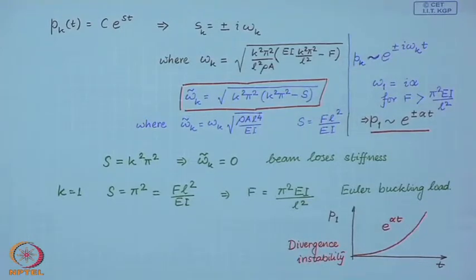Now, this can be used to estimate the buckling load of a column without destroying the column. If you want to estimate the buckling load of a certain column, and you give this axial load and keep increasing it, when it reaches the buckling load, this column is going to have large deflections, and very likely this column is going to get destroyed or spoiled.